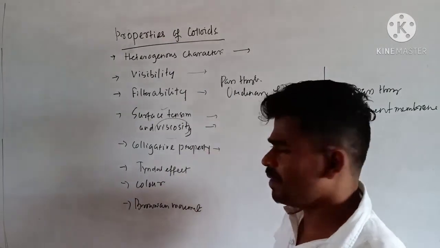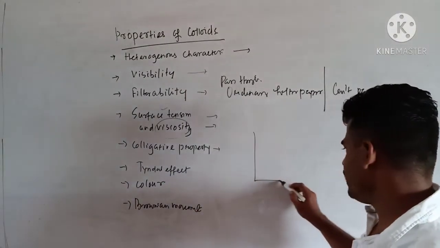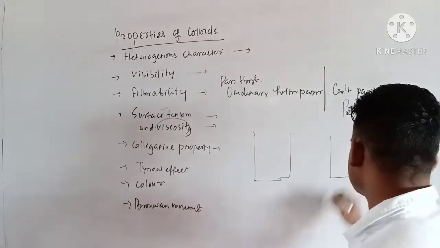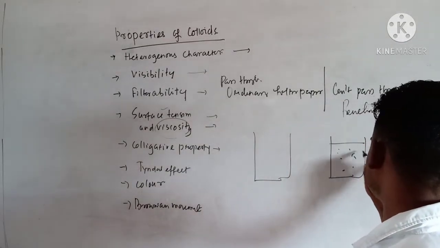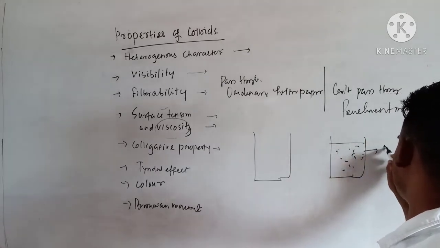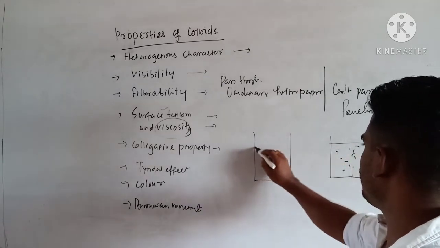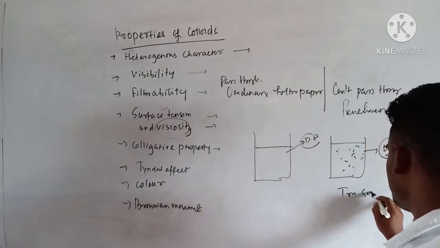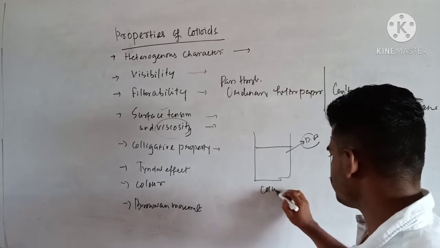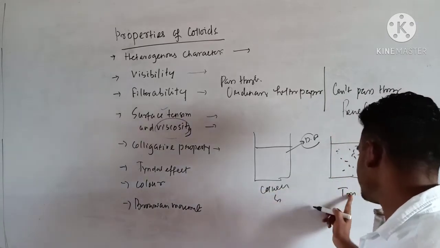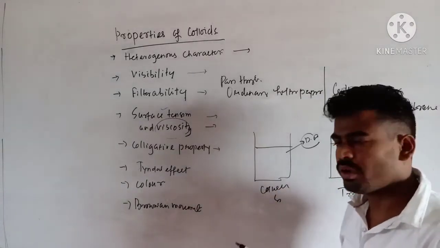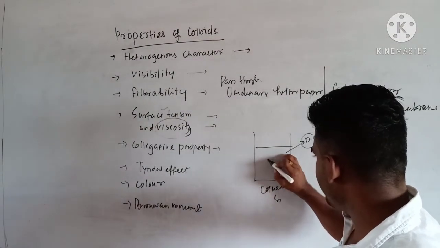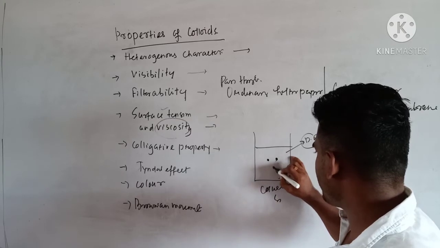Colligative property: consider the same dispersed phase particles, here a true solution and here a colloidal solution. The particle size in true solution is very small, whereas in colloidal system such particles aggregate, so a limited number of particles are there.